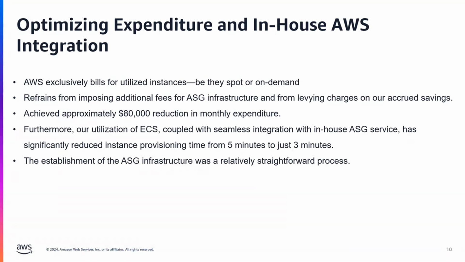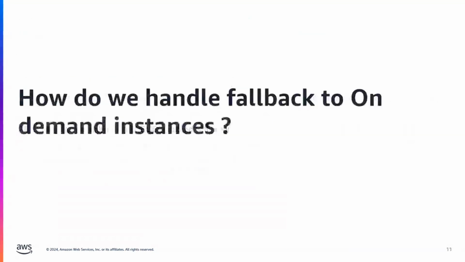Establishing the ASG infrastructure itself was a relatively straightforward process. ASG has multiple features that AWS has been adding through the years, and comparing the third-party solution with ASG, they did get very far, and almost every feature was available. So this was a straightforward process.